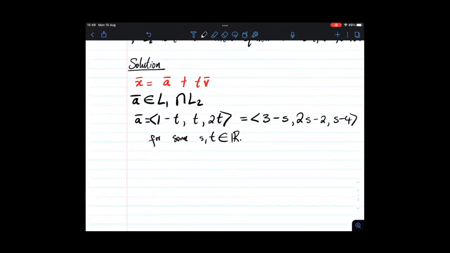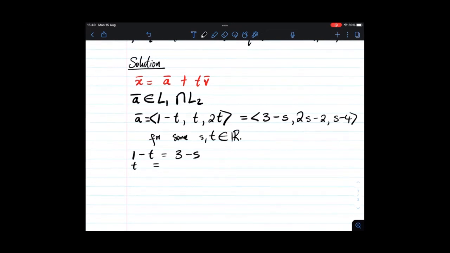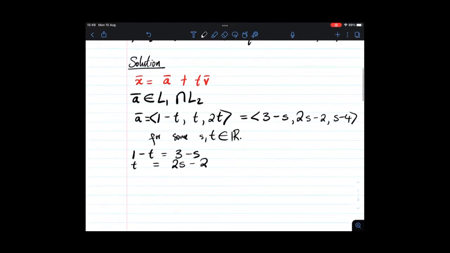Because these are equal, we know that two vectors are equal if the corresponding components are equal. So we say 1 minus t should be equal to 3 minus s. t should be equal to 2s minus 2. And then 2t will be equal to s minus 4. You can call this 1, 2, and 3.